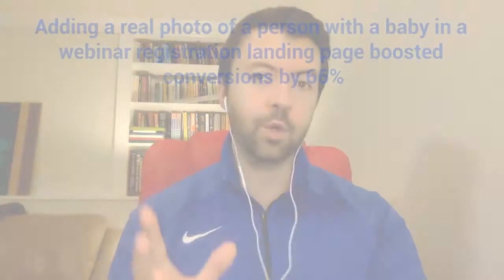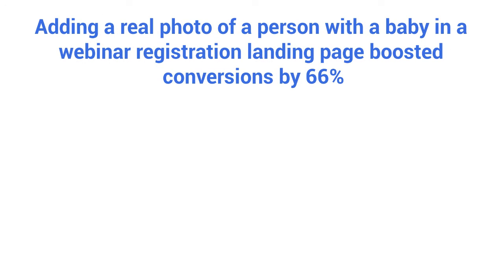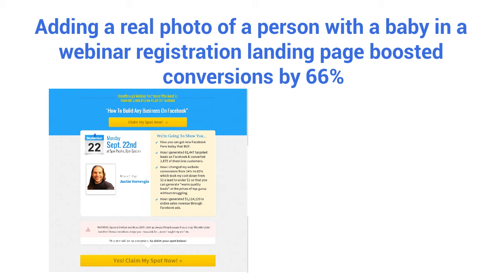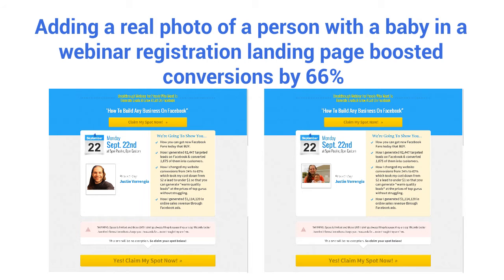According to research that we found when putting together the proven sales conversion pack product, adding a real photo, not a stock photo, of a person with a baby on a webinar registration landing page boosted conversions by 66%. Okay, so in this case, I believe it was a picture of the founder of the business with his family, for example, holding the baby.